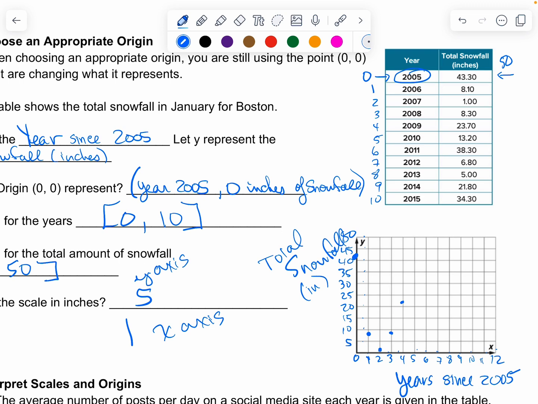And then 13.20. And 38.30. And then 6.8. And then 5. That was a nice one. And then 34. There we go.